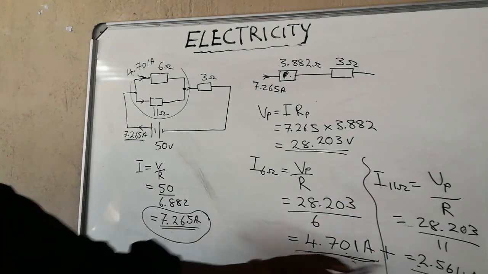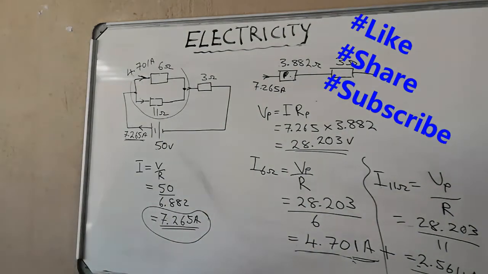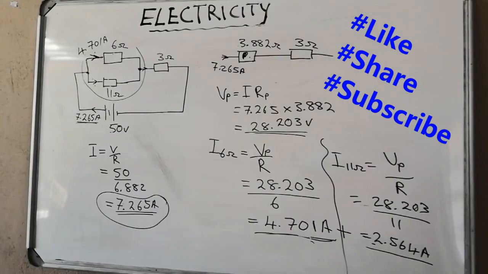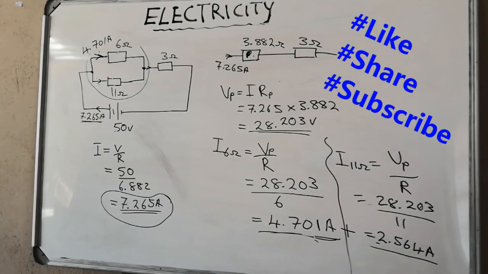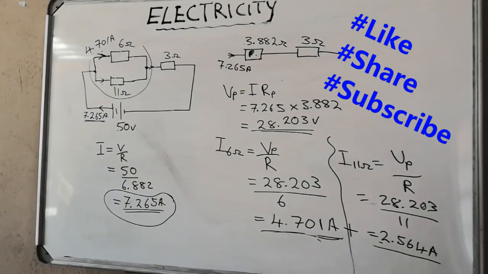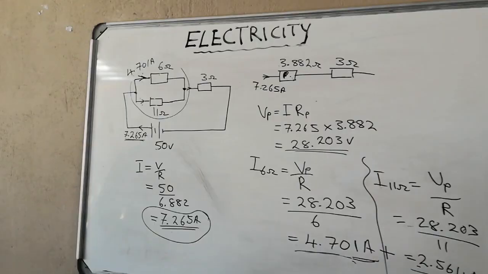The reason is that current is splitting. Some of this current goes that side, some of this current goes the other side. So I think that gives you an understanding of basic electricity questions that you might come across.